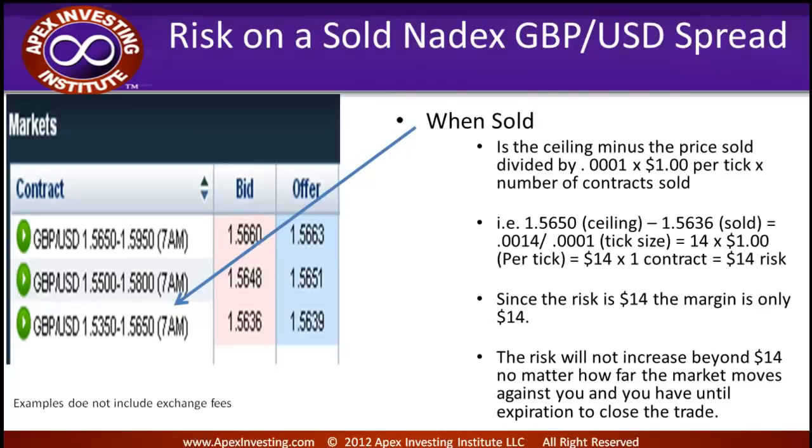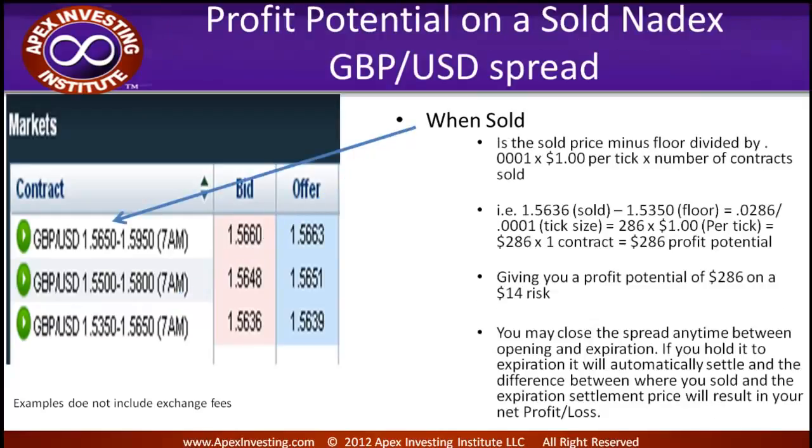Since the risk is $14, the margin is only $14, and the risk will never increase beyond $14 no matter how far the market moves against you, and you have until expiration to close the trade. Now, for the profit potential, we're simply going to look at the sold price minus the floor.